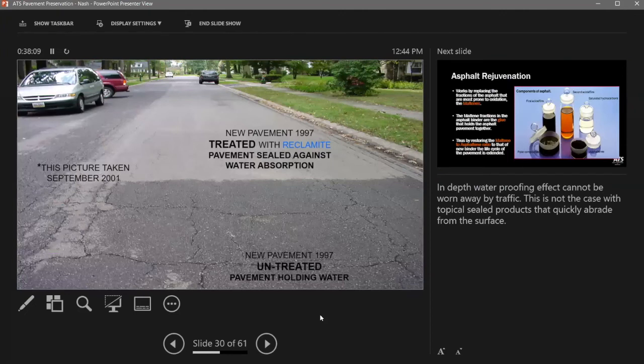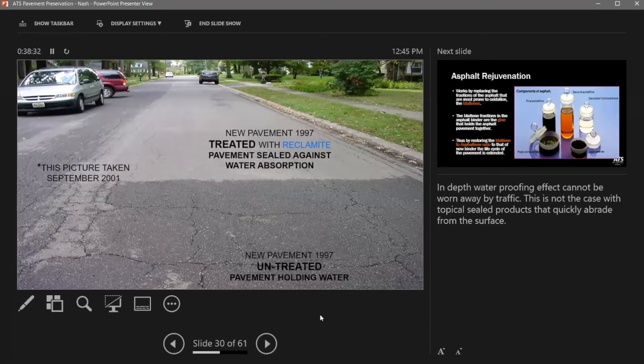So what you're looking at here is a pavement that had been treated. The new pavement in 1997 was treated with reclamite, and so they sealed it against the water absorption. So that's that light gray section that you're seeing towards the top right of the picture.